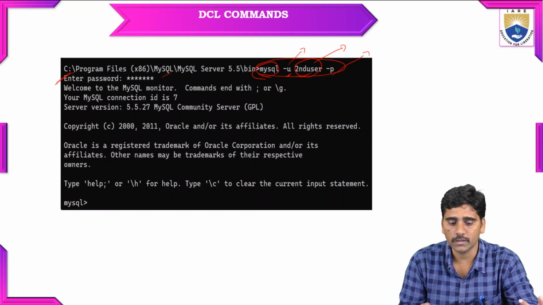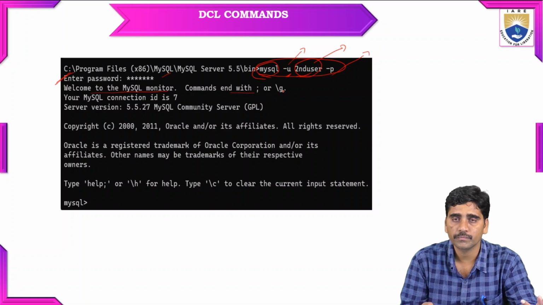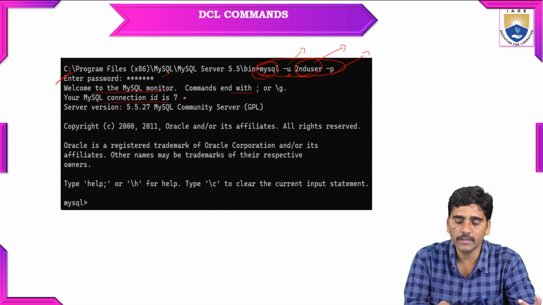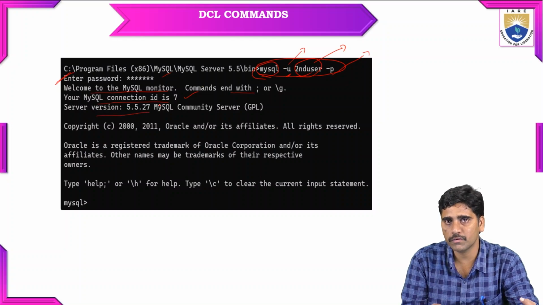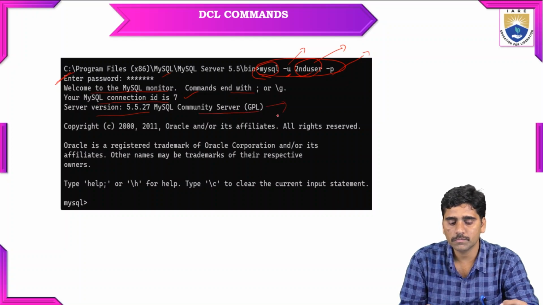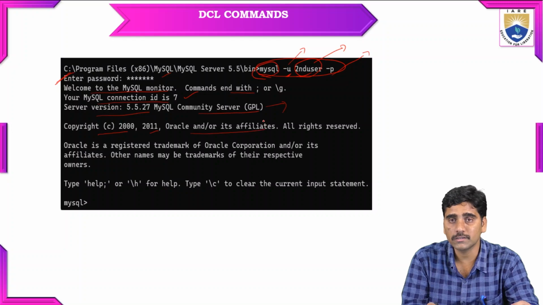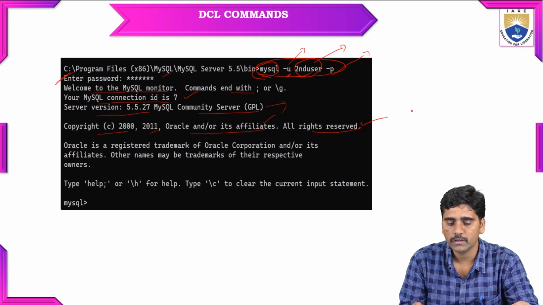After typing that password, it displays: Welcome to the MySQL monitor. Commands end with ; or \g. Your MySQL connection ID is 7, and the server version is 5.5.27 MySQL Community Server, GPL. It displays all that information, with copyright 2000, 2011, Oracle and its affiliates, all rights reserved.